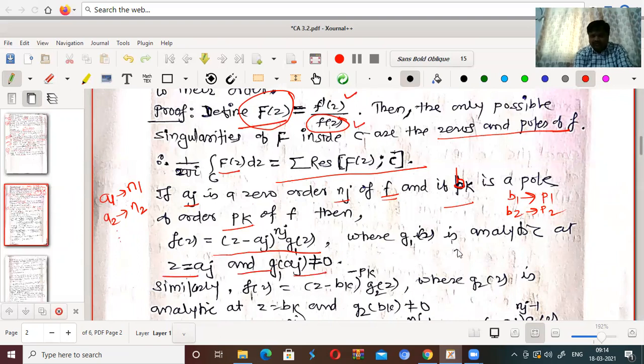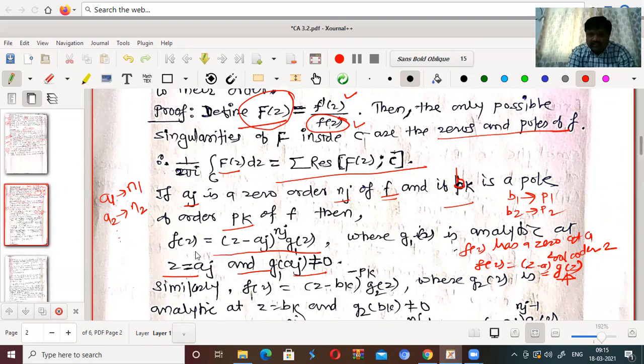We know that if a function f of z has a zero at a of order 2, then we can write it as (z minus a) squared into some function g of z, where this g of z is analytic at a and it is not 0 at a also.